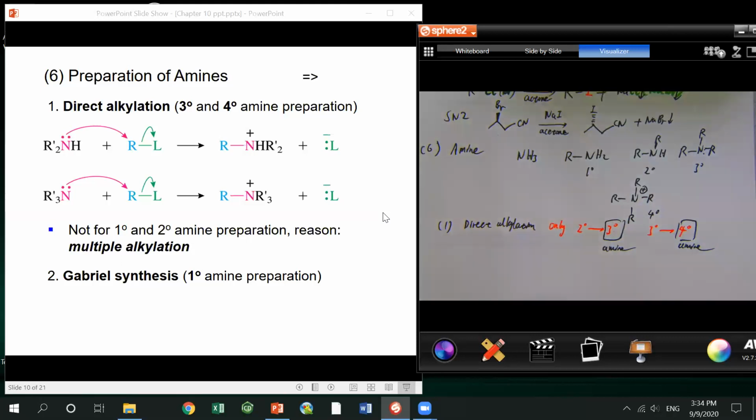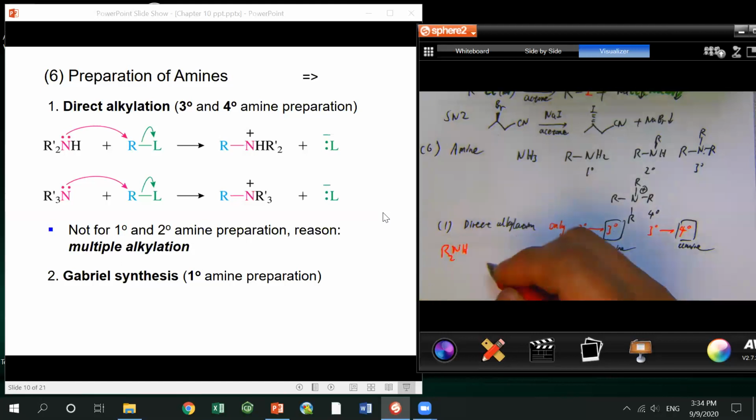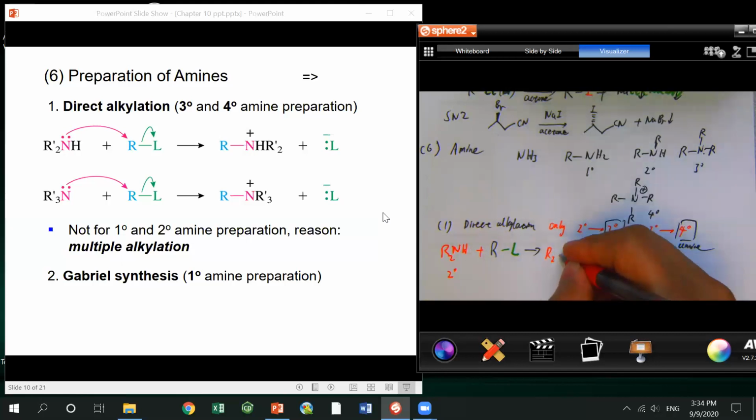That's the general reaction I already showed you, but let's still write it here. We prepare a tertiary amine: we start with a secondary amine and react it with an alkyl halide, whatever, with a good leaving group. After the reaction, you just exchange, and you need a little bit of workup to remove this hydrogen, and then you get the tertiary amine.